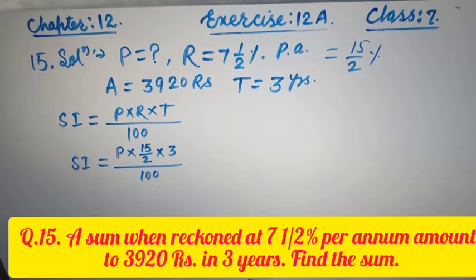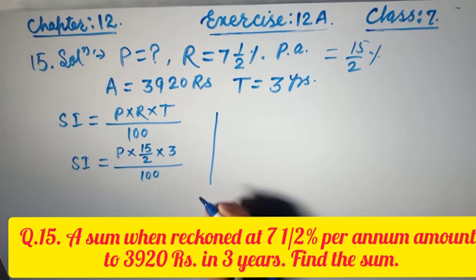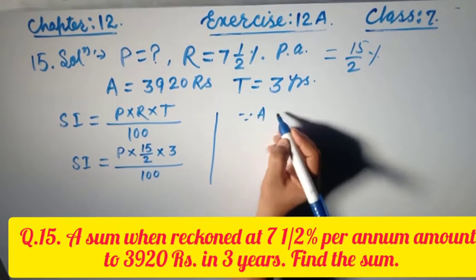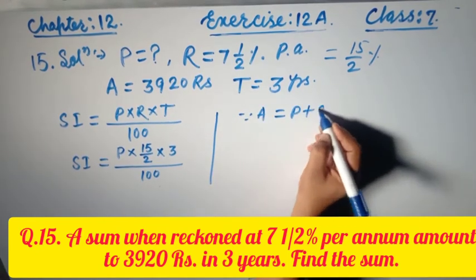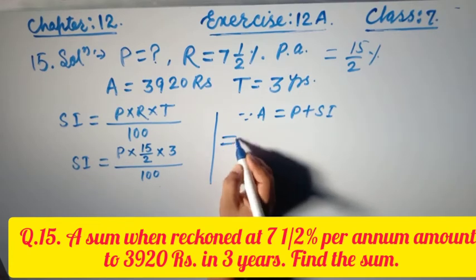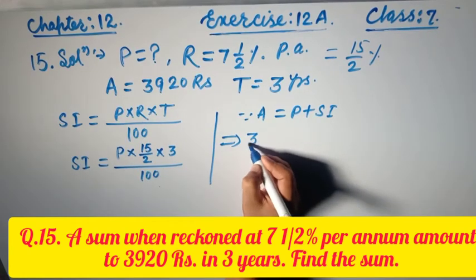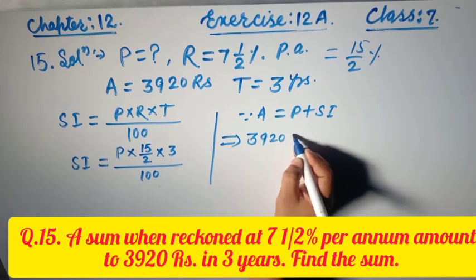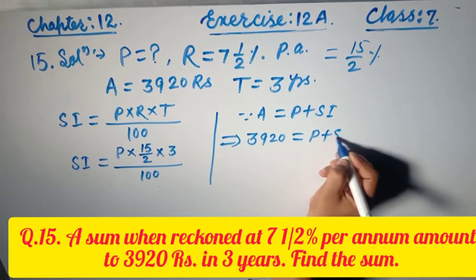Here there are two unknown values, means SI we don't know, and P we don't know. Now here friends, since A is equal to P plus SI, and A is given 3,920.